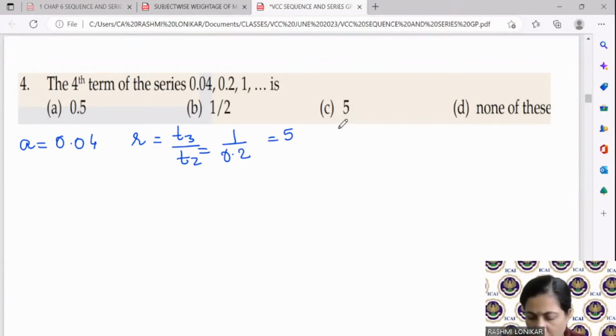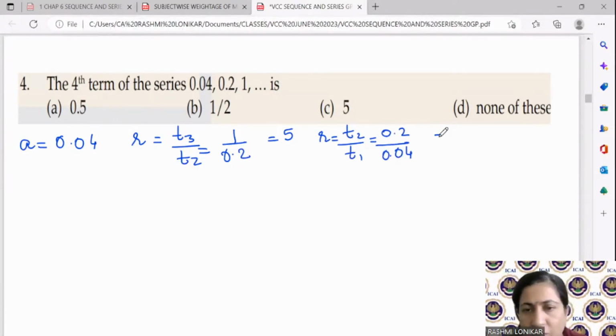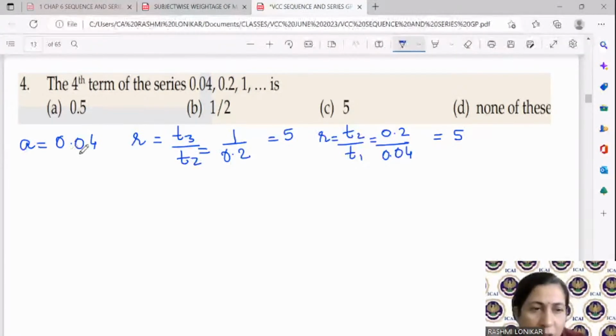Now R is also equal to T2 upon T1, which is equal to 0.2 divided by 0.04, which is equal to 5. So A is 0.04, R is 5.